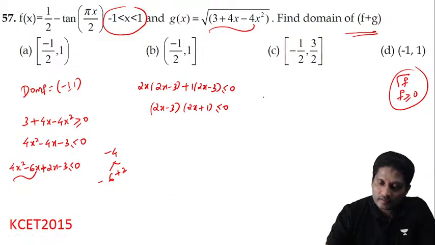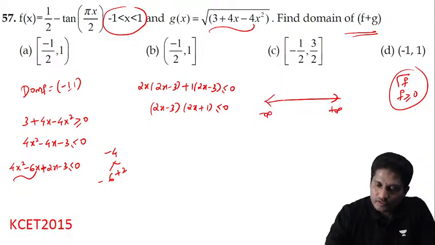So roots are on minus infinity to plus infinity. So fix the roots in increasing order. First you get minus half, then you get plus 3 by 2. So it lies plus minus and plus, right? So x belongs to close interval minus half to 3 by 2.